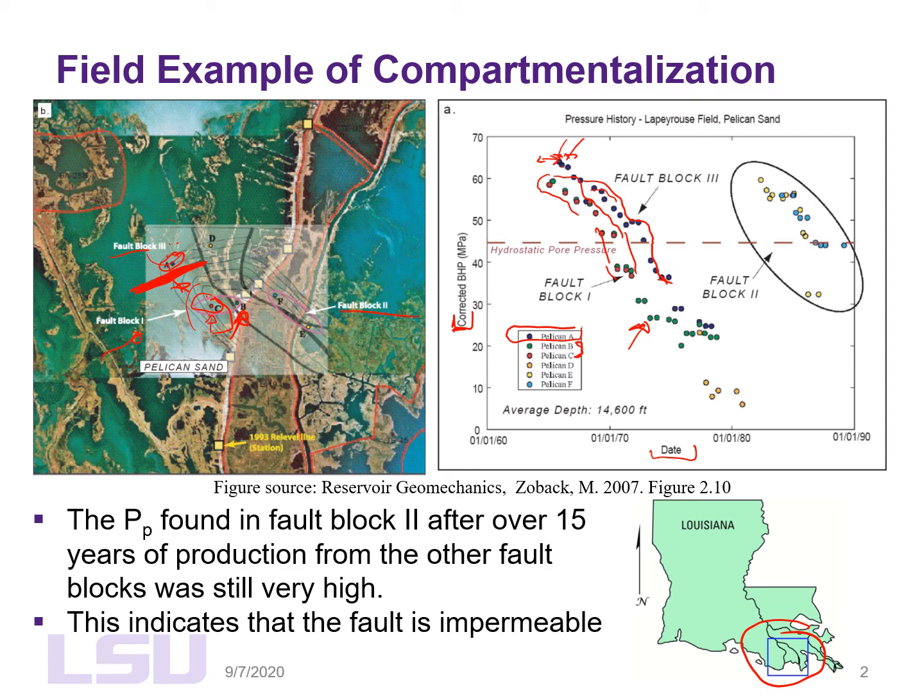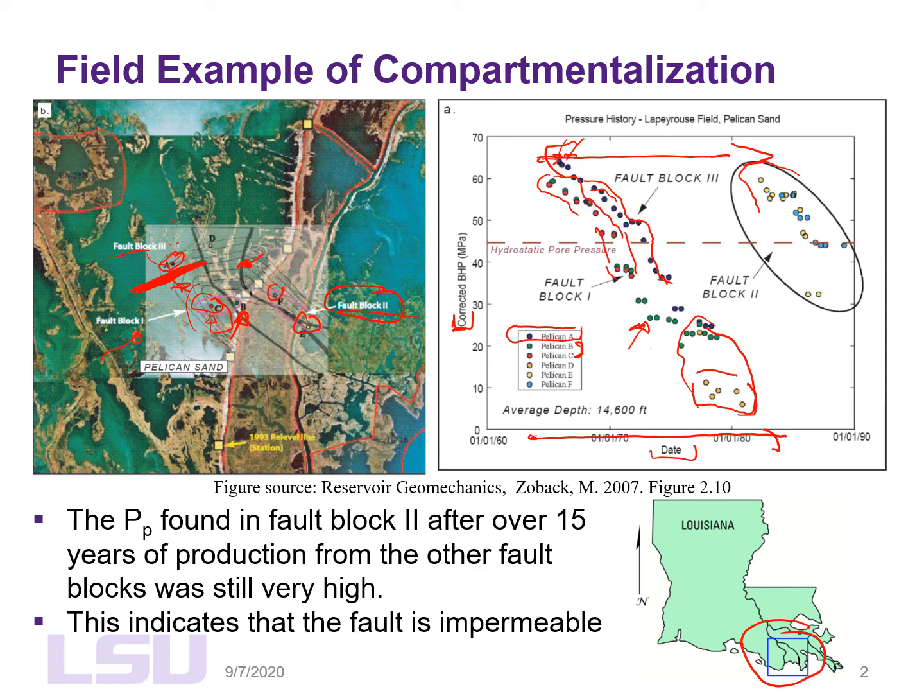And that same concept can be applied to explain the other trends you notice. The other interesting point is this. After about 15 years, you can check that out from the axis. After about 15 years of production, you would expect the pore pressure in this fault block 2, which is right here, for wells E and F, to start out from these low pressures, which is the pressure in all the other wells that have been depleted, if this fault was conductive.